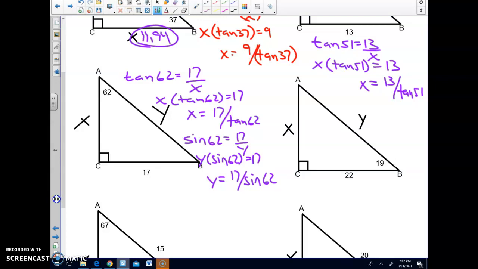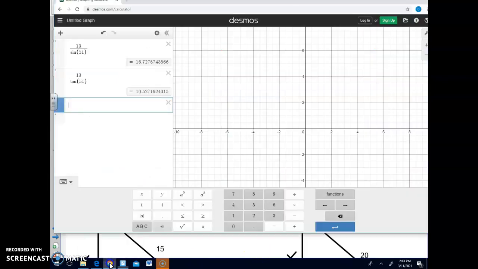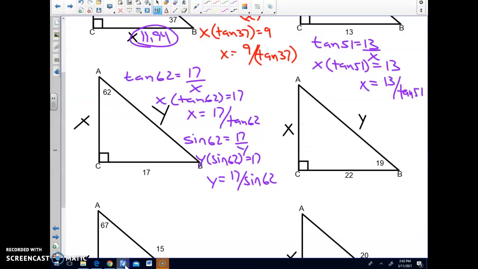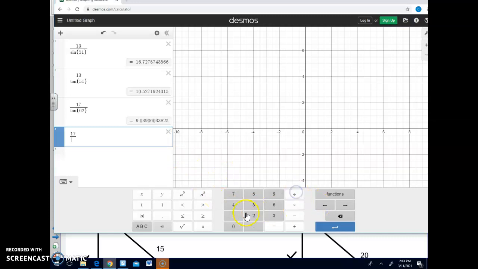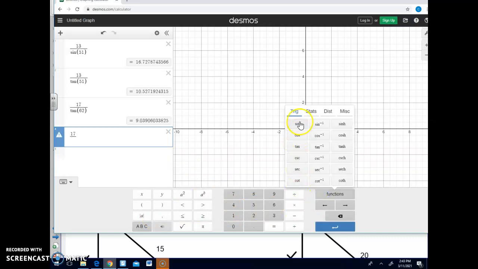Okay, and we'll come into our calculator here, and we will go from there. So, if I go to my calculator, we have 17 divided by the tangent of 62. And I'm also going to get 17 divided by the sine of 62.